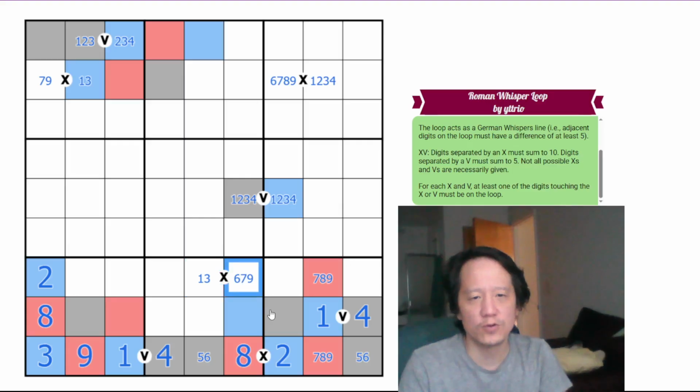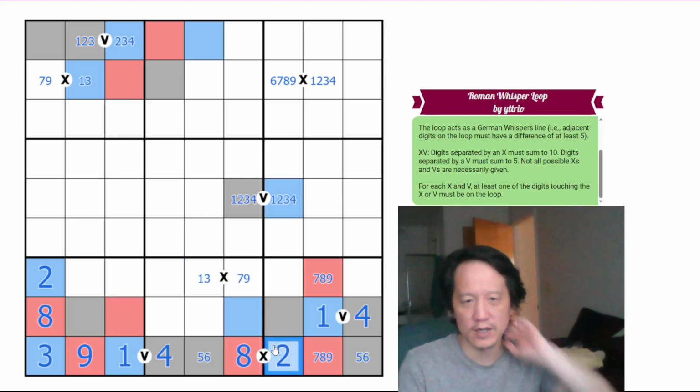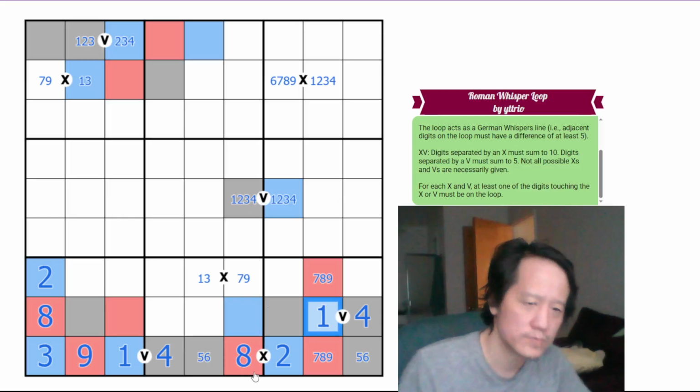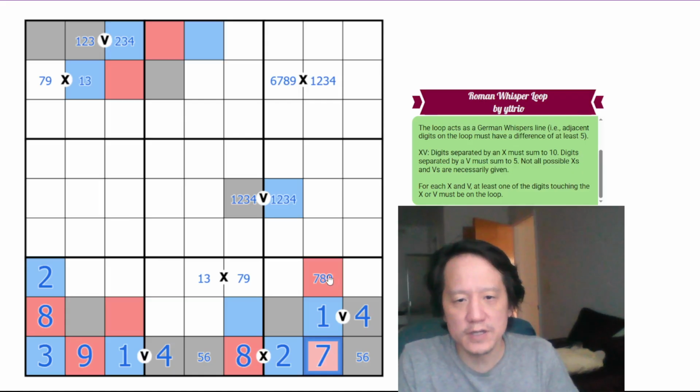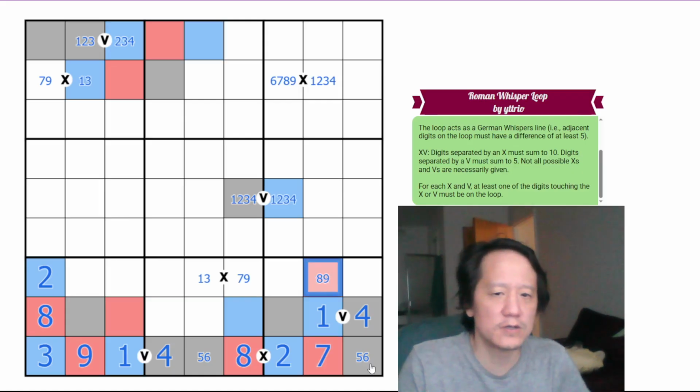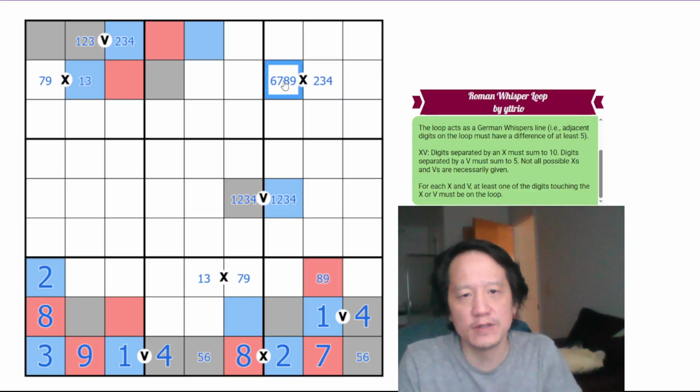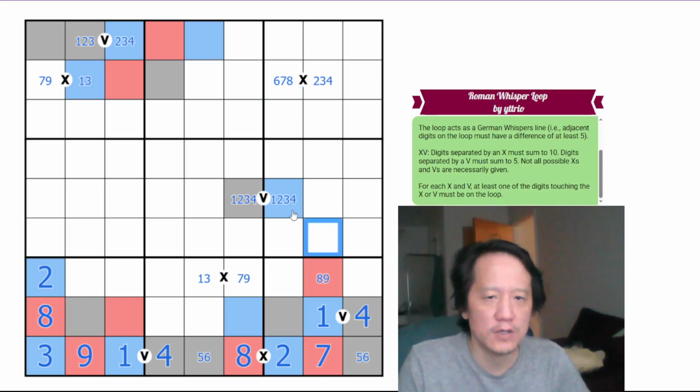This cannot be 4 and 6, so this is 1, 3, 7, 9. Okay, this can't be 8 or 9. This is 7, so this can't be 7 here. This can't be 1, therefore this can't be 9 here. This can't be 2, so this can't be 3, because these add up to 5.